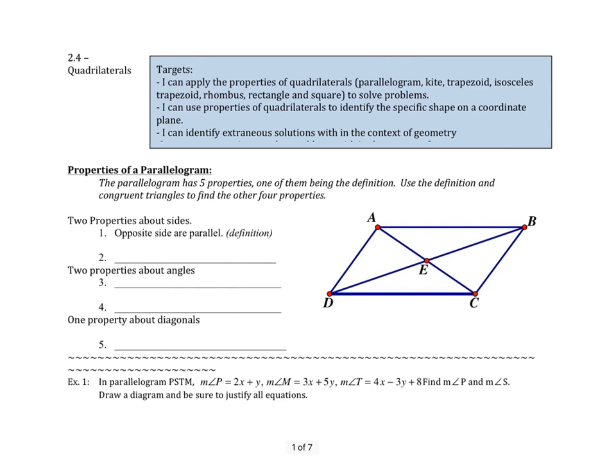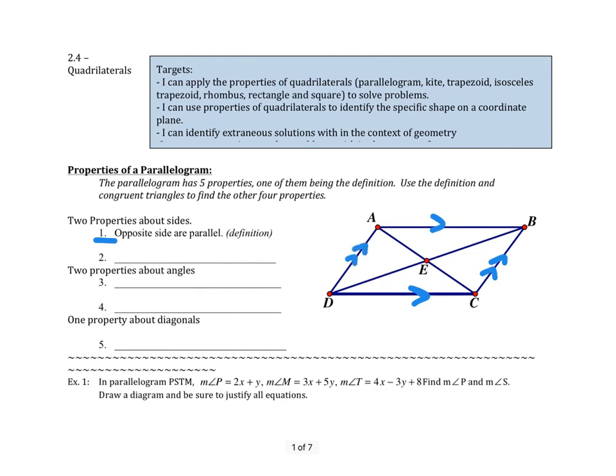Okay, so a parallelogram, you can kind of guess by the name that opposite sides are going to be parallel to each other. There are 5 properties of this. So that's property number 1, that opposite sides are parallel. When we mark that in our picture, we put little arrows there, and then double arrows over here to show that those two are parallel.